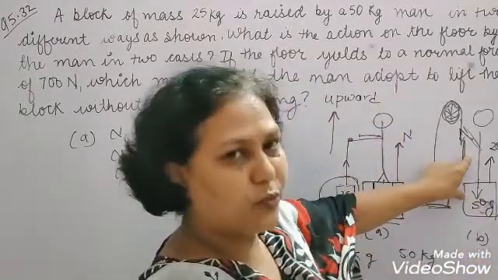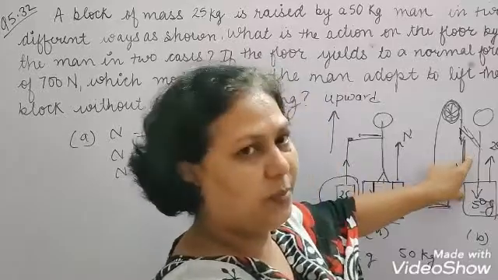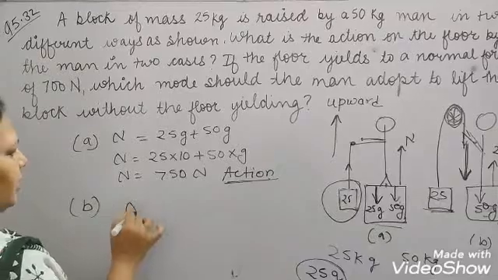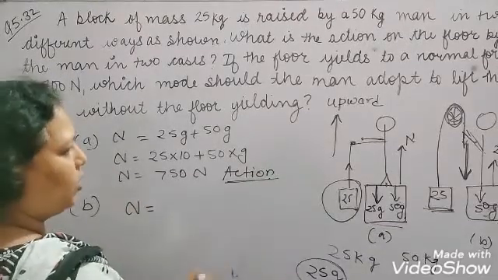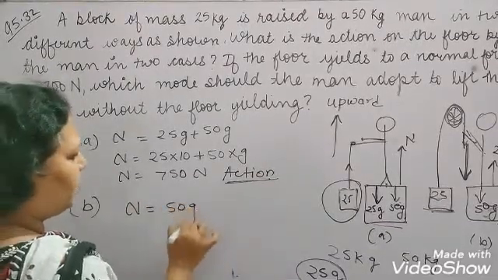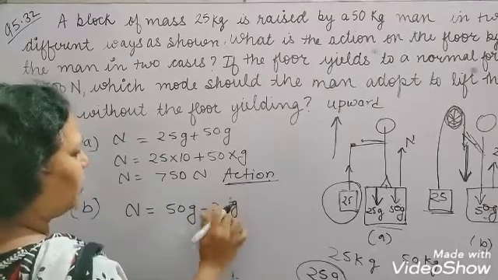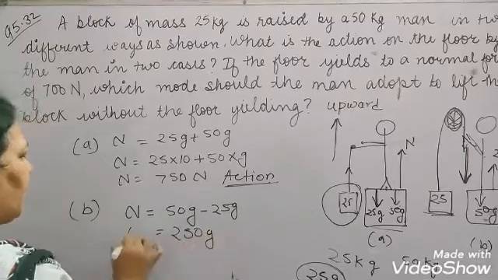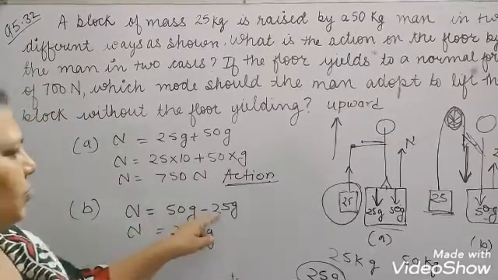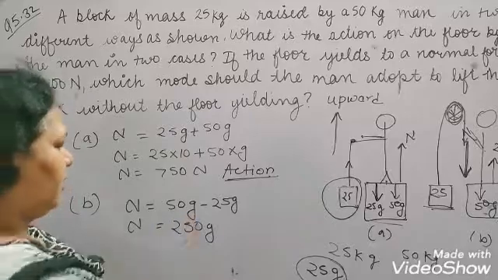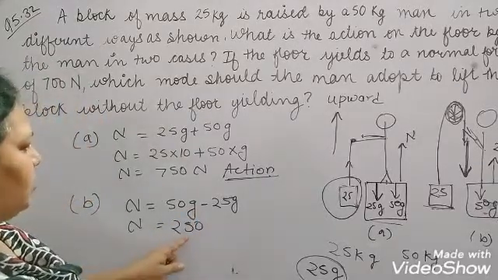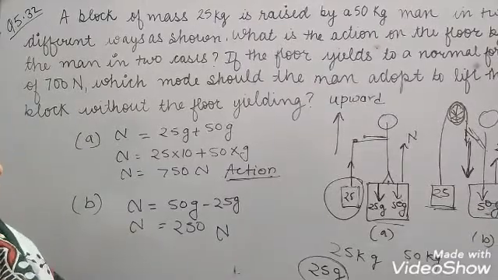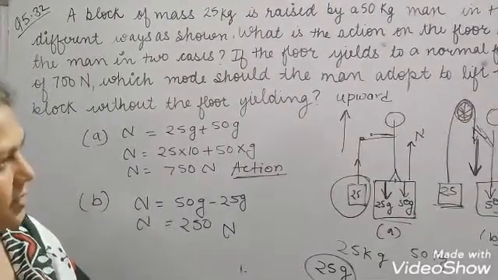So what net action will be there of the man on the floor in this case? In case B, the net action of the man on the floor will be equal to 50g minus 25g, that is 25g. Putting the value of g as 10, it is 250 Newton. So 250 Newton action will be there on the floor by the man in the second case.